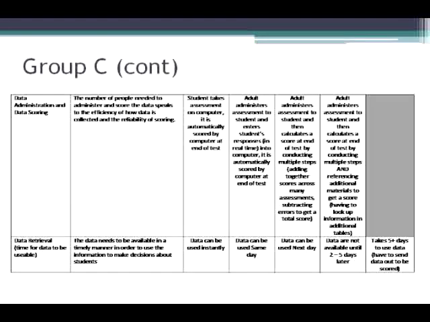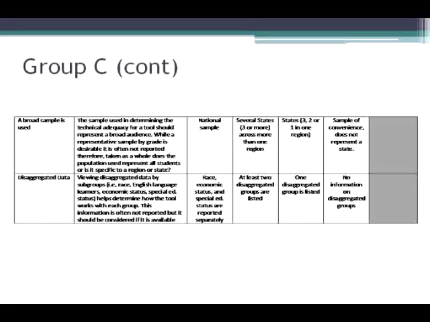The last few sections are data administration and scoring. How difficult, how time-consuming is it to administer and score the data, and the data retrieval. How quickly can the educators get the results, the report, making sure that there is not a long time lag there. And last but not least, looking at the sample for comparison.